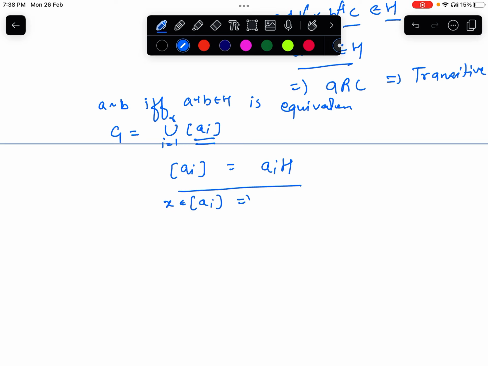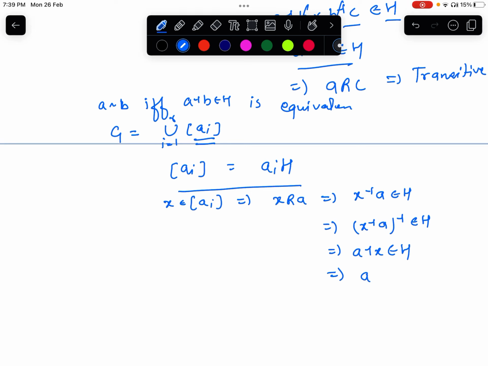the equivalence class of a_i. That means x is related to a_i. This means x inverse a_i belongs to H. This means (x inverse a_i) whole inverse belongs to H. This means a_i inverse x belongs to H. Multiply both sides by a_i.